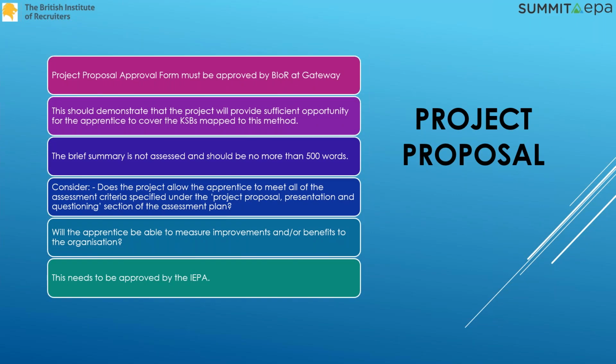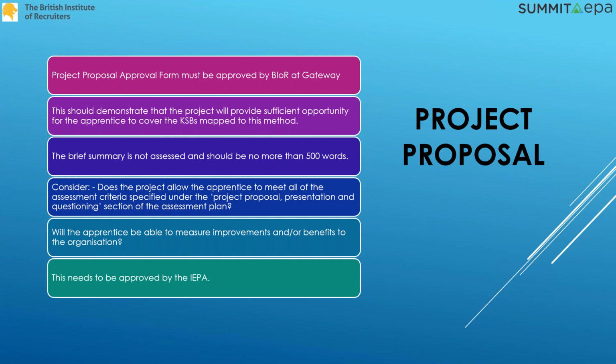The first assessment method I'm going to look at is the project proposal. The project proposal approval form must be approved by us at Gateway. Now, the big difference, and I've mentioned this before, is the operations departmental manager previously, the learner had to submit a project that they'd worked on, probably completed.